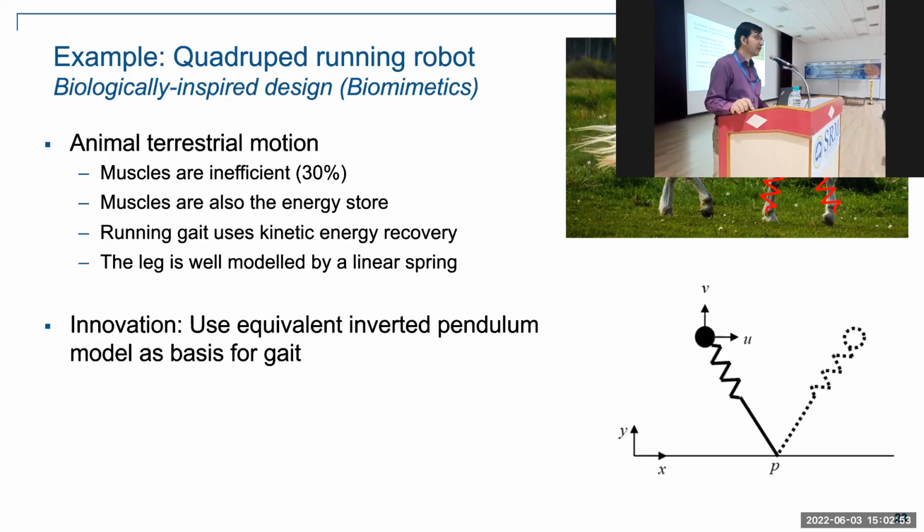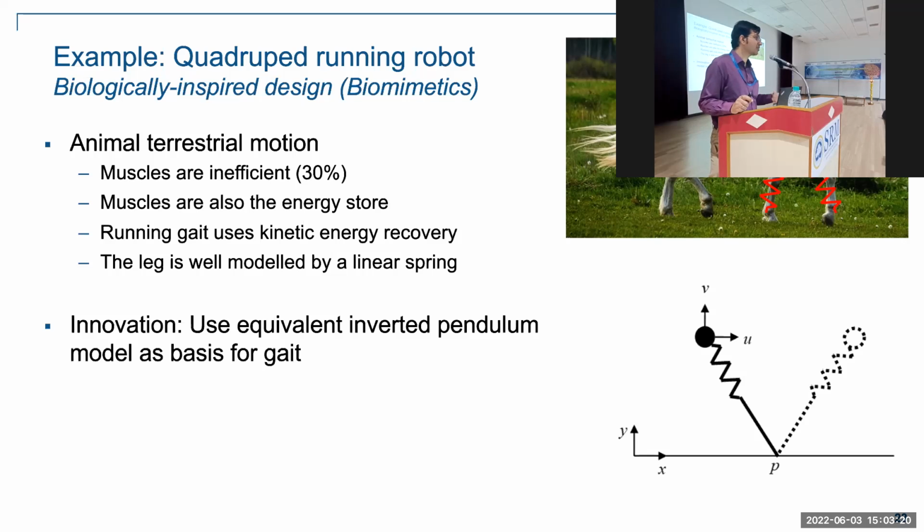On a very simple note, when you look at the legs of a horse, we can think of the legs as an inverted pendulum model. Using that model, we can find out what different gaits we can model. Specifically, when horses run, they use their gait to recover kinetic energy also. This is very interesting, right?